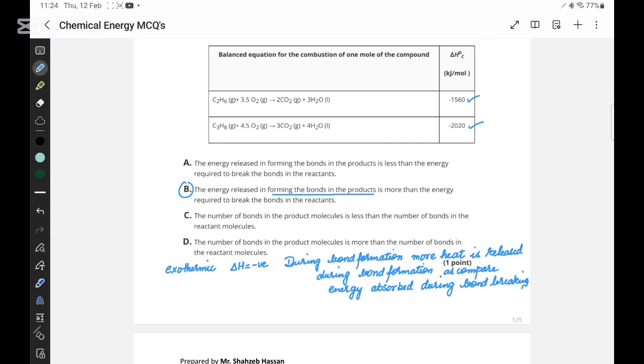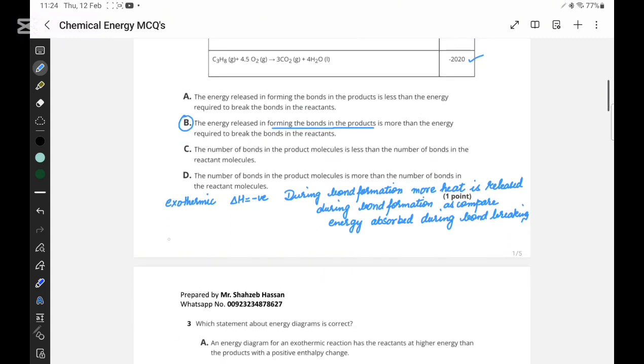So the answer is going to be B. Remember, for endothermic, delta H is positive, and the energy absorbed during bond breaking would be more as compared to the energy released during bond formation.